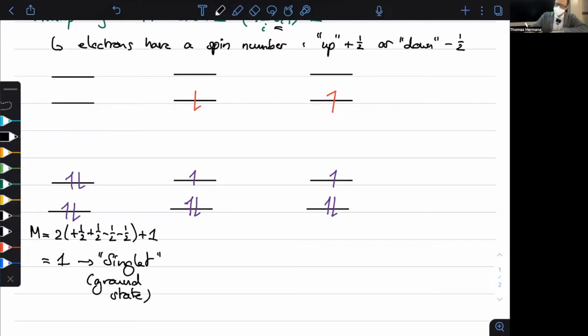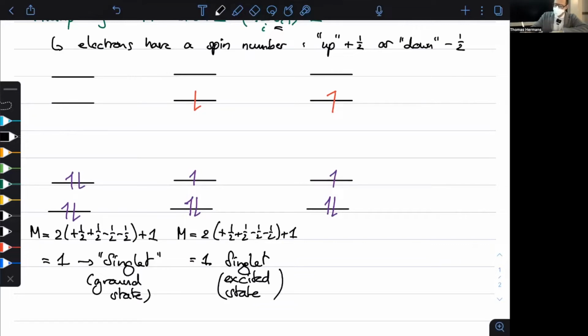In the second case, the multiplicity: we have 2 up and 2 down with the same stuff, so again it's 1. So this is a singlet, but it's an excited state. This could be, for example, S1. The other could be S0.